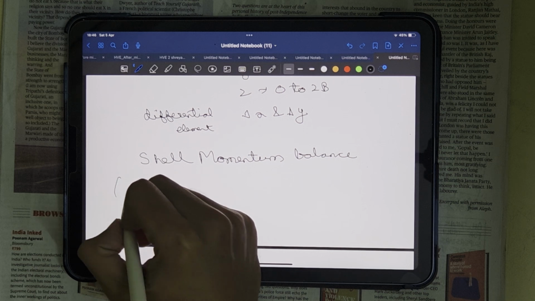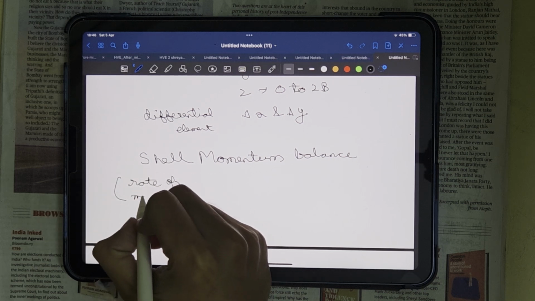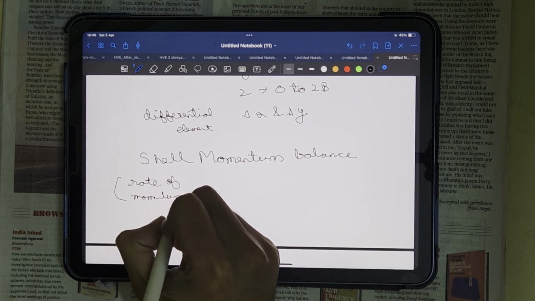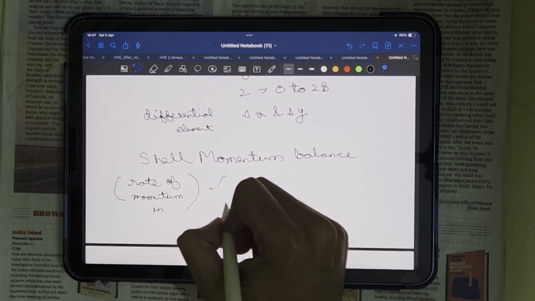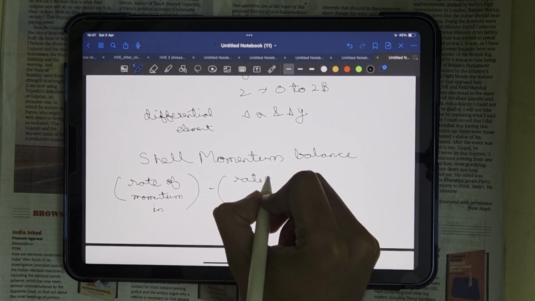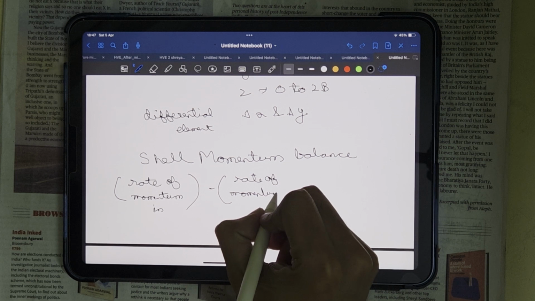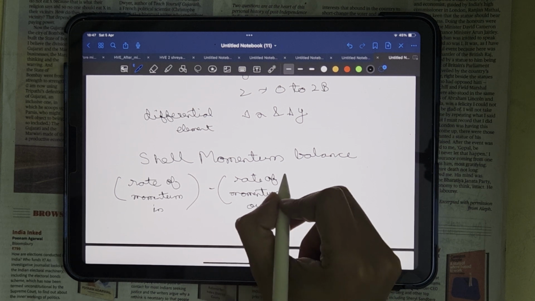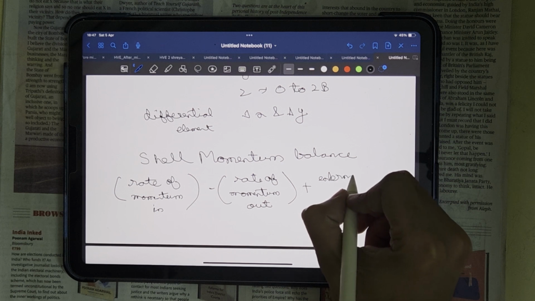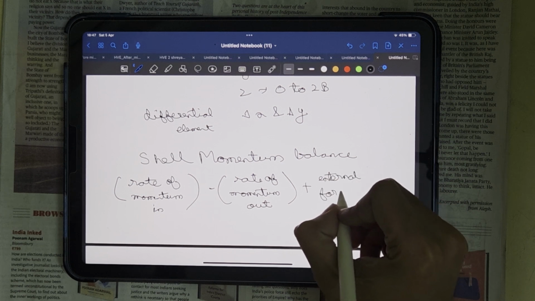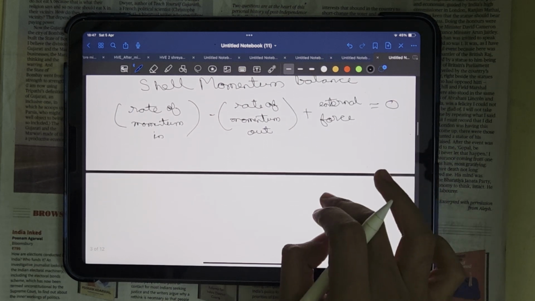Shell momentum balance is basically the rate of momentum in minus rate of momentum out plus external force, which here is gravity, and because it is steady state, accumulation is 0, therefore on the right side we have 0.